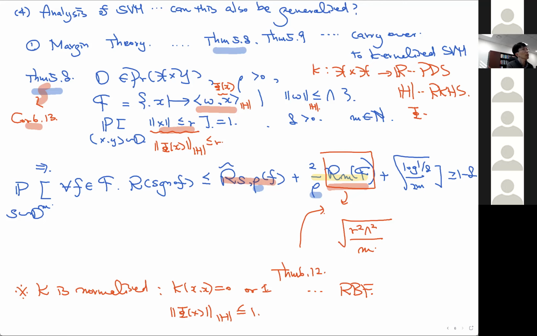So in that case, we can simplify things further. The R part that appears here can be replaced by 1. Not much, but we can also do the simplification. And this makes sense because the RBF kernel is used quite often in practice.